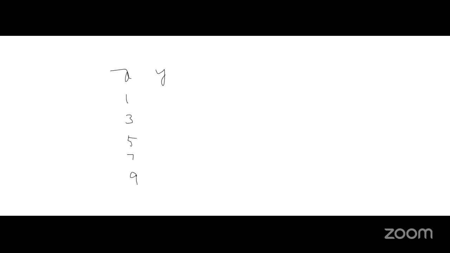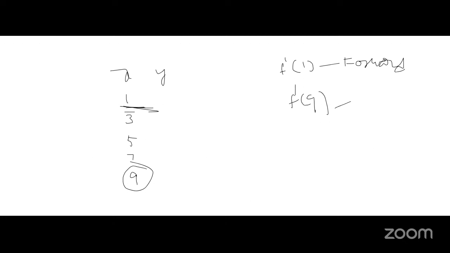If they are asking to find f dash of 1, we use the forward. If they are asking to find f dash of 9, which comes at the bottom, we have to use the backward.